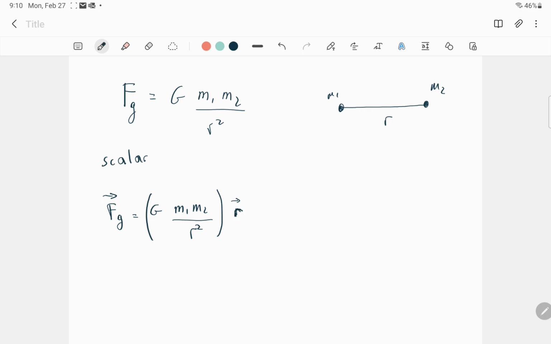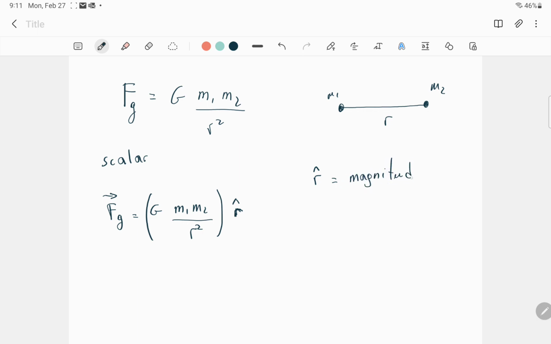Either I write r with an arrow, but then I would have to find the magnitude of r. So instead of showing the arrow, by convention I will show a hat. Every single time you see the hat, I hope you remember this, I'm showing a vector that has a magnitude of 1.